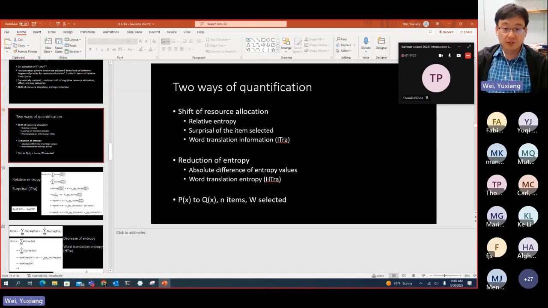So the shift of resource allocation as formulated by Levy, or the processing in the psycholinguistic studies, is relative entropy, and I am going to do some mathematics, and I'm going to argue that this relative entropy is equal to the surprisal of the item that is eventually selected at the theoretical level, and this surprisal can perhaps be approximated from the empirical data via word translation information, or ITra, in the CRITT database.